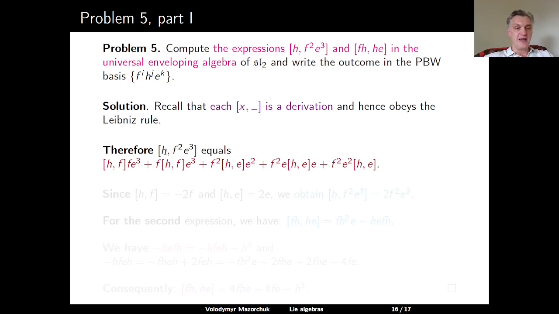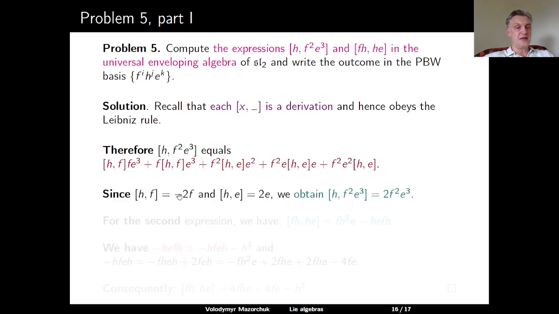So the bracket of h applied to f squared e cubed is equal to the bracket of h and f times f e cubed, plus f times the bracket of h and f times e cubed, plus f squared, the bracket of h and e, times e squared, plus f squared e, the bracket of h and e, times e, and finally plus f squared e squared, the bracket of h and e.